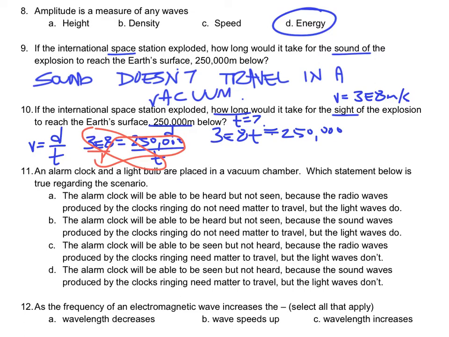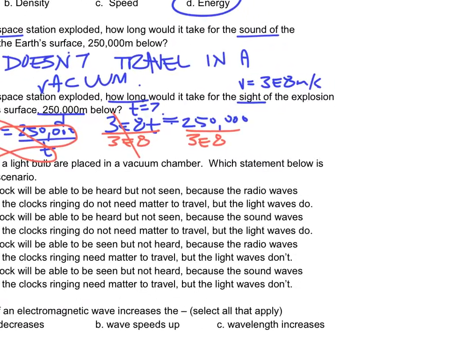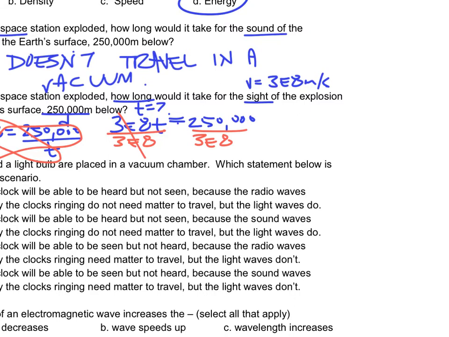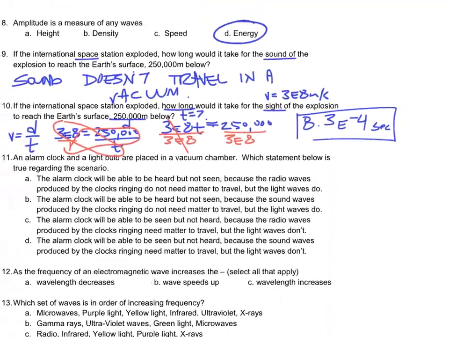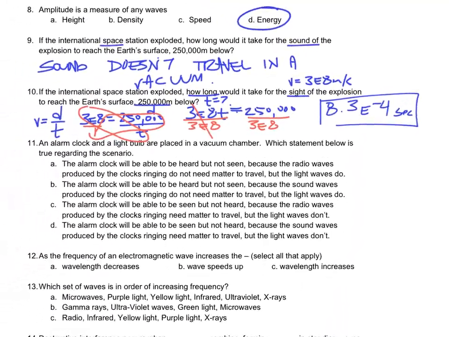And my last step is to divide both sides by the speed of light. These will cancel, leaving me with a time of 8.3 times 10 to the negative 4 seconds. That's my velocity. I'm sorry, my time.